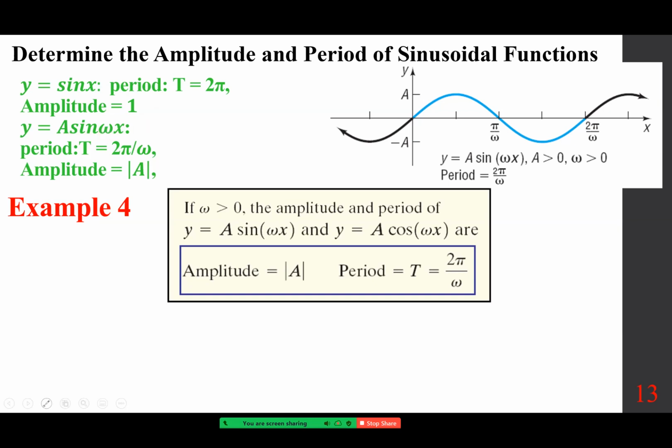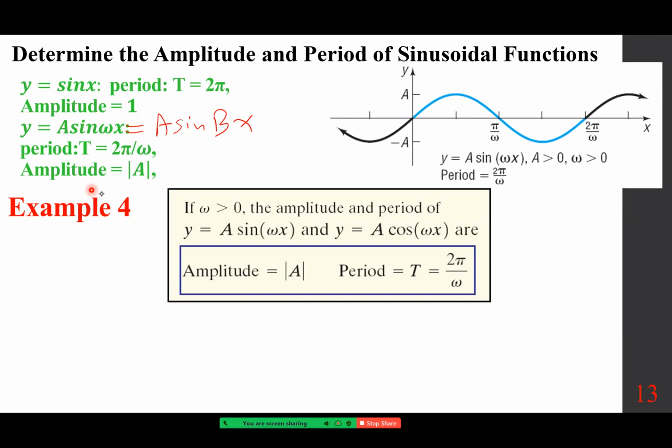Sometimes they use b. They may write this as a sine bx. So that b is the same as omega here. This is not w, it's omega. In which case, it has an effect on two things. The period is T equals 2 pi over omega, and the amplitude, which was 1, is no longer 1, but rather the absolute value of a.